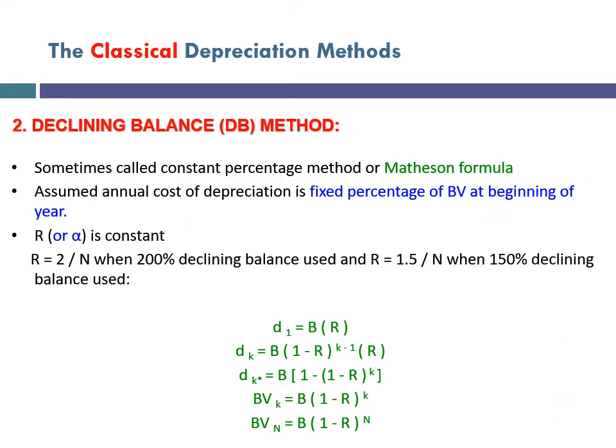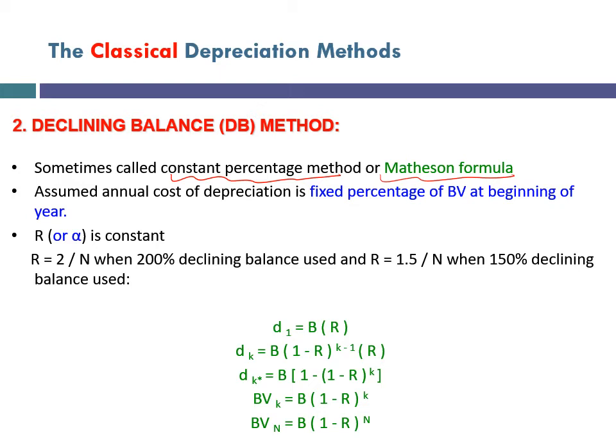Another method, which is also an easier method, is called the declining balance method. Sometimes this declining balance method is called the constant percentage method or Matheson formula.